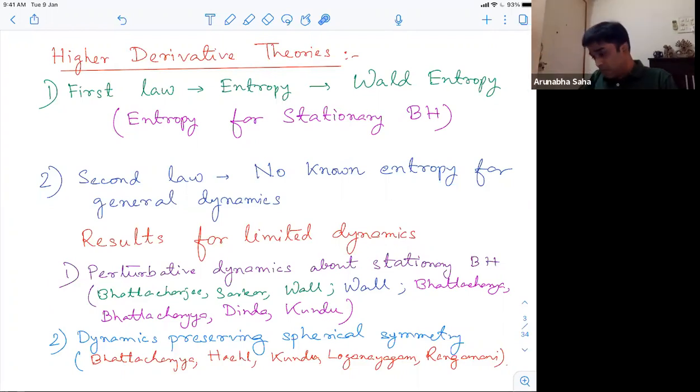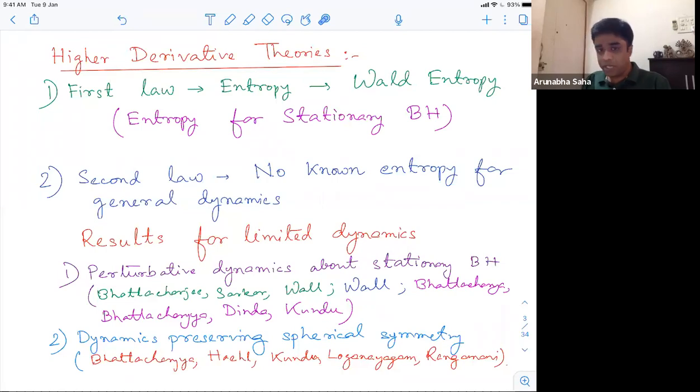One of them is the situation where we concentrate on dynamics which is perturbative in amplitude about stationary black hole solutions. For these situations, a candidate entropy exists, which has a nice limit when you take the amplitude of the perturbation to 0, reducing to Wald entropy.